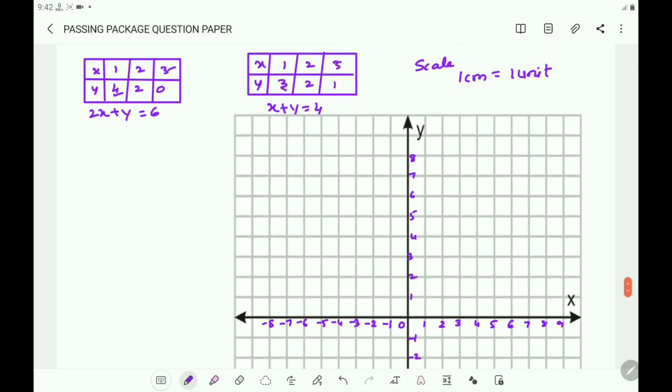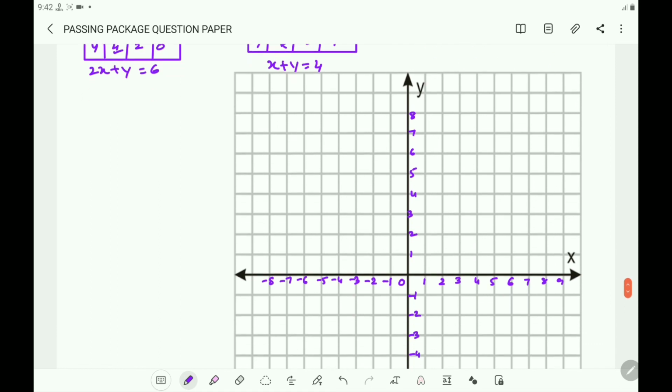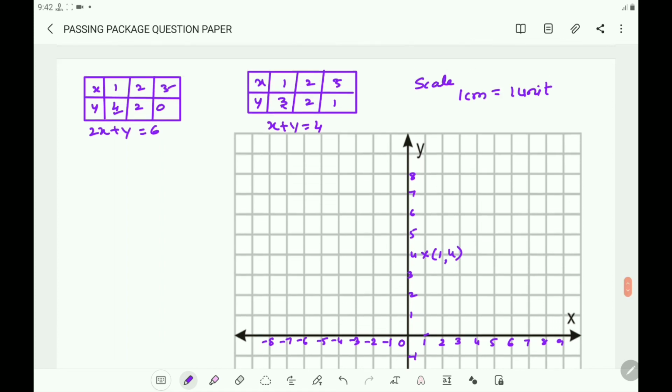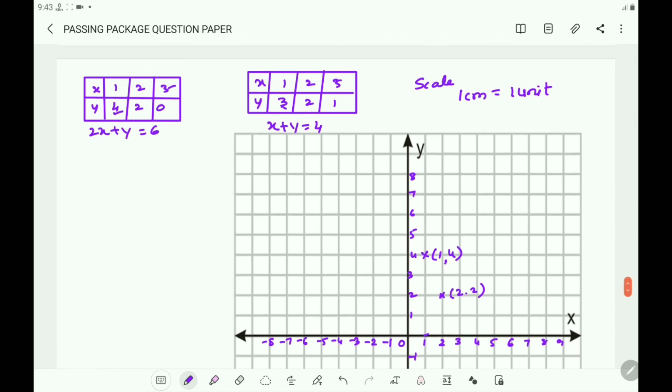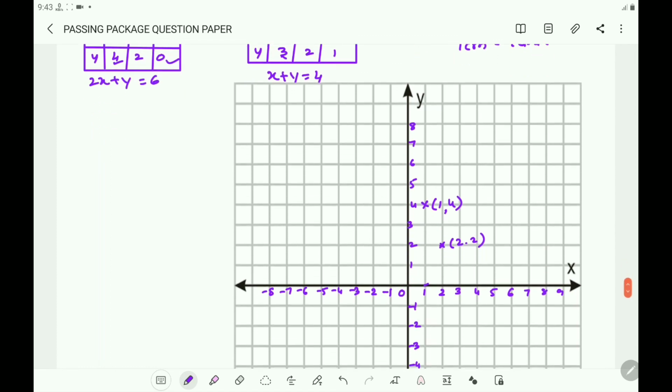Then you take 1, 4. 1 is here. Straight you go. This is 1, 4. Then 2, 2 comes here. This is 2, 2. Next 3, 0 comes here.